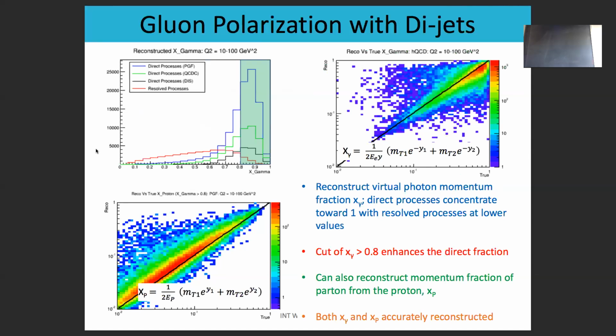So if I put a cut at X gamma and only consider X gamma close to 1, I really reject the resolved in favor of my direct processes. Here you see how well we reconstruct X gamma and also the momentum fraction coming from the proton, reconstructed versus true. And you can see that, again with a jet radius of 1, this does a pretty good job of recovering.